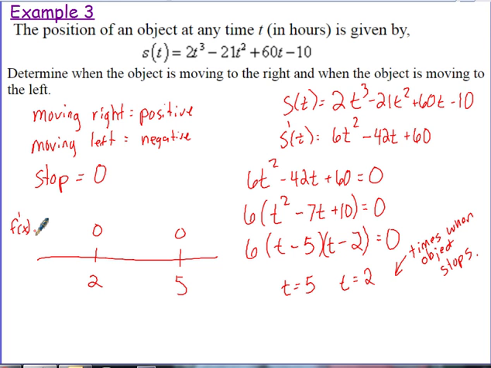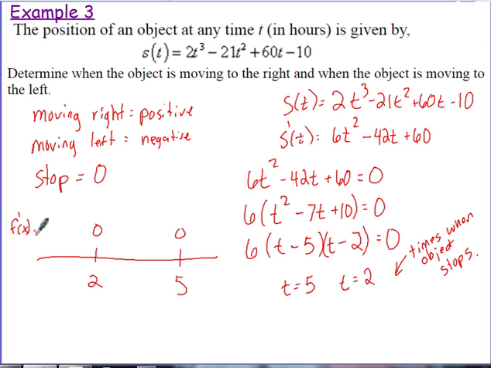Yeah, so what I'm going to do, guys, at this point is I'm going to test. Because I know it stops here, right? I know it stops here, but I'm going to test, okay? Now, don't go nuts, because all I have to do is test any point to the left. Okay? So I actually want to add something here. What points am I... Because what's to the left of 2?